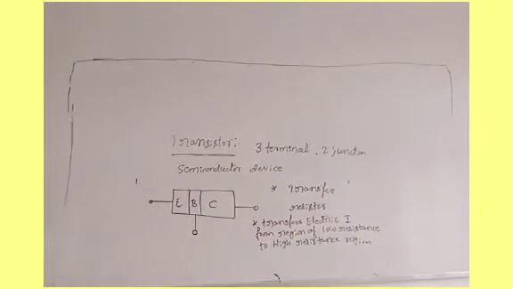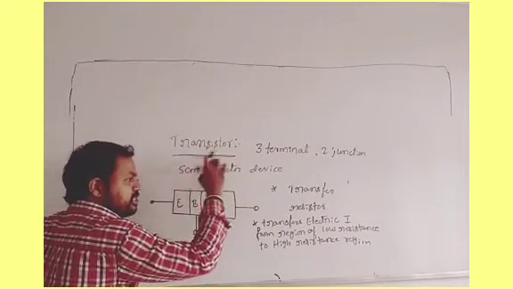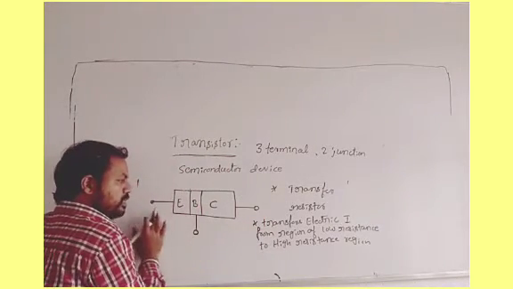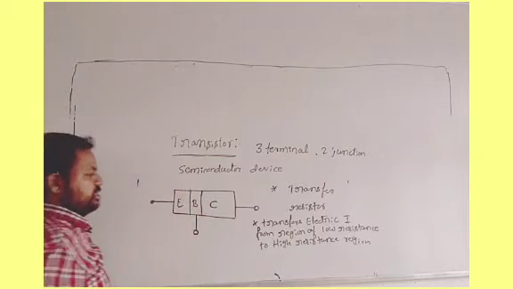So the transistor transfers the electric current from the low resistance to the high resistance region.